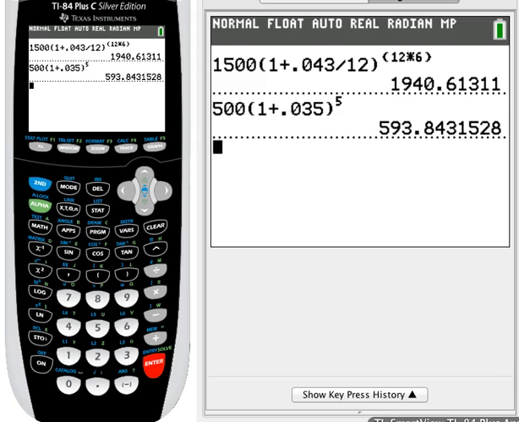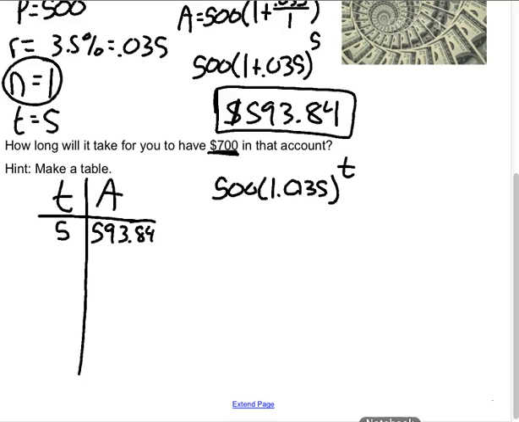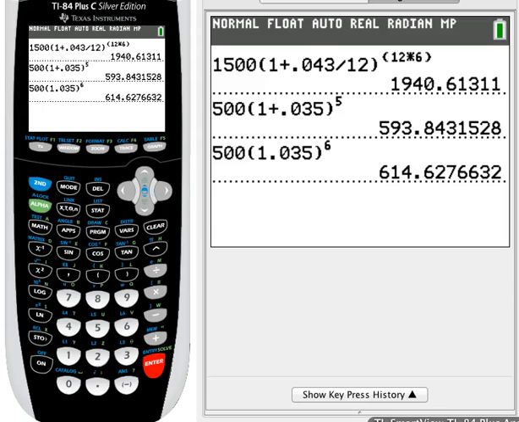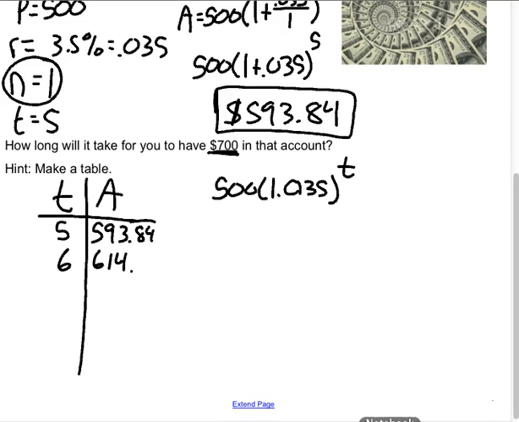So let's see after 6 years how much money we have. After 6 years, we have 614 about. Okay, and then of course there is a decimal, but that doesn't matter because we know that's not the answer we're looking for. What about 500, 1.035, to the 7? 636.